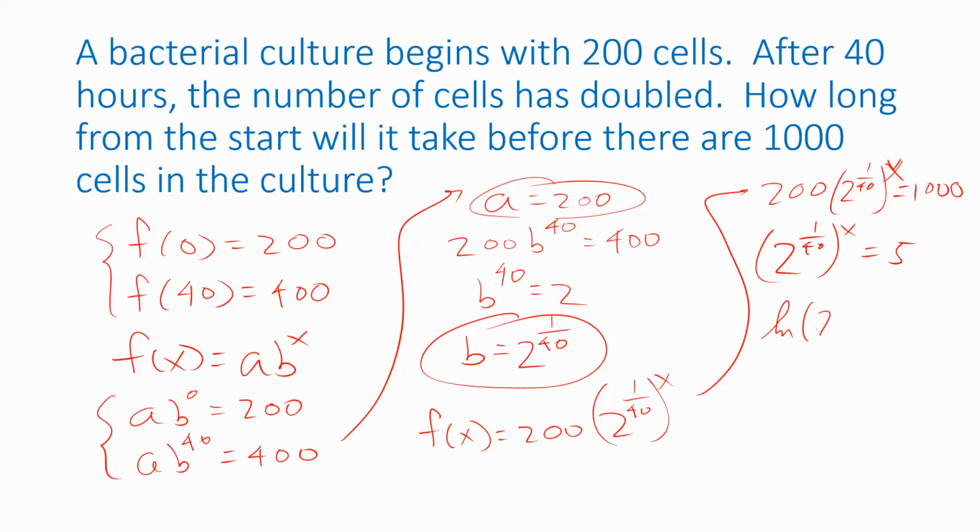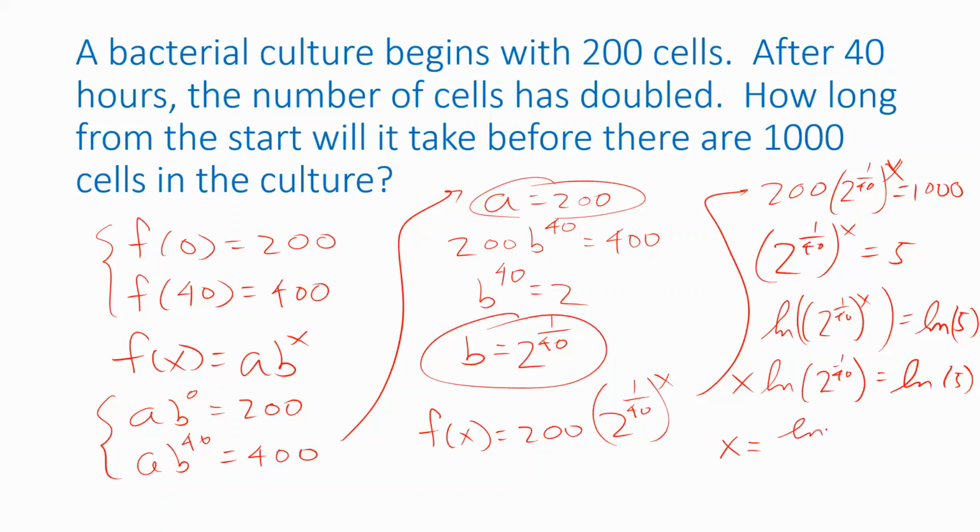Natural log of 2 to the 1 over 40 raised to the x equals natural log of 5. And then bring the x out front. X times natural log of 2 to the 1 over 40 equals natural log of 5. So now this is just x times a number on the left. I can isolate x if I divide by that number.